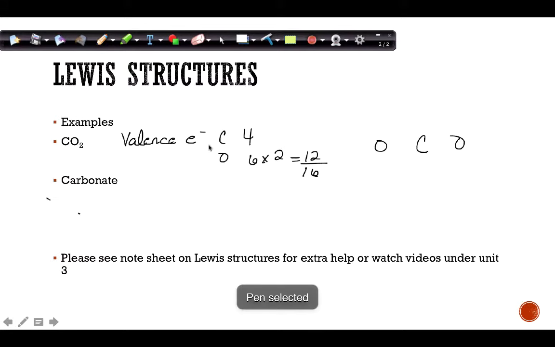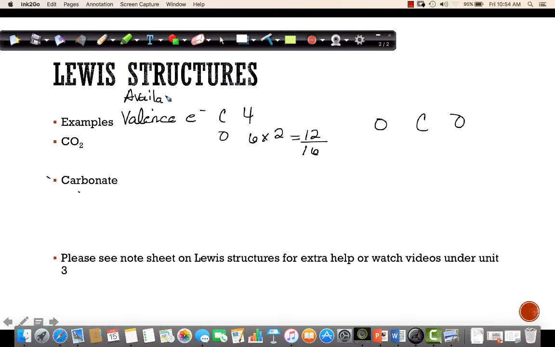All right, so when I'm looking at this, I know that these are the valence electrons that are available. Okay, so now I need to know how many electrons each one needs to have. So most atoms want to have 8 electrons to complete that S and P sublevel, except for groups 1, 2, and 3.